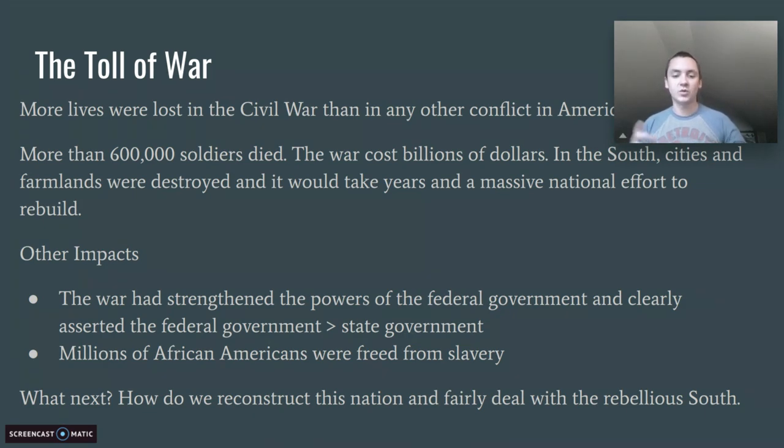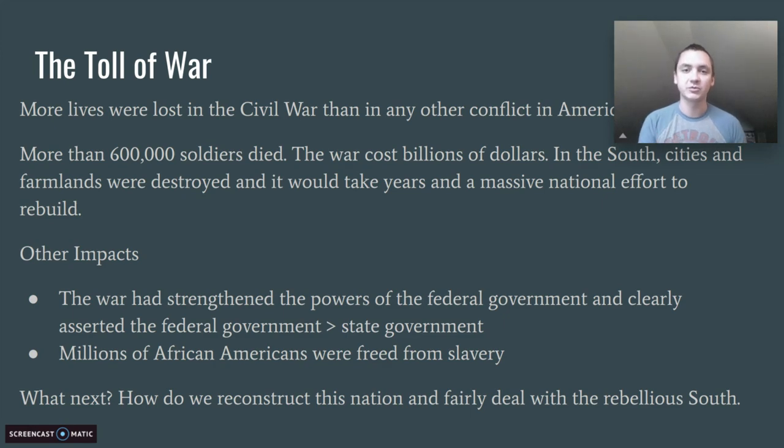So then the question is, what next? How do we reconstruct this nation and also fairly deal with the rebellious South, right? These guys are rebels. They tried to destroy this country and tear it in two for the institution of slavery. How do we fairly punish an action like that without creating further division, right?